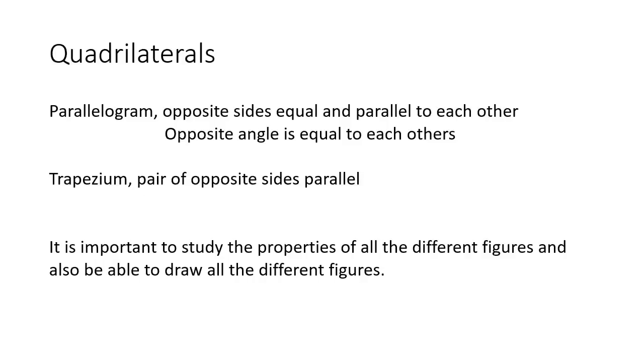So it is important to study the properties of all the different figures, as I said earlier. Don't just look at these ones and think that those are all, because in your study guide there are various quadrilaterals that you can look at and study, especially how to draw them. You also have to know how to write all their properties, and list them all, and so on.